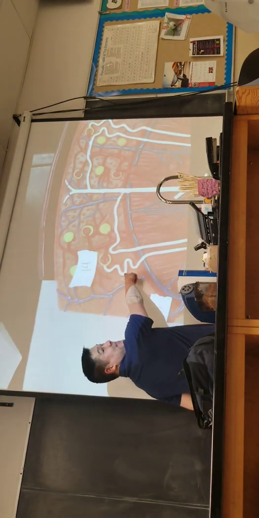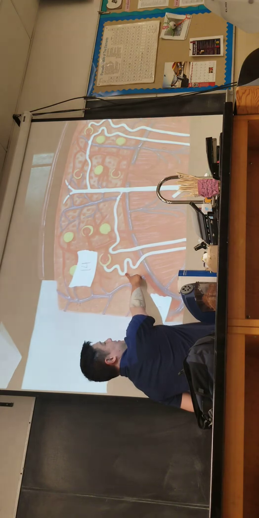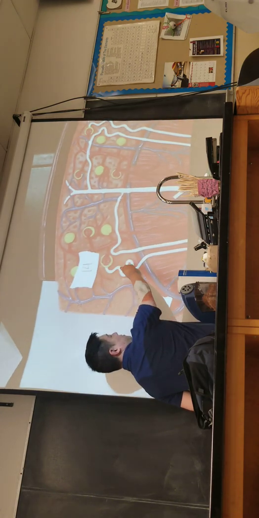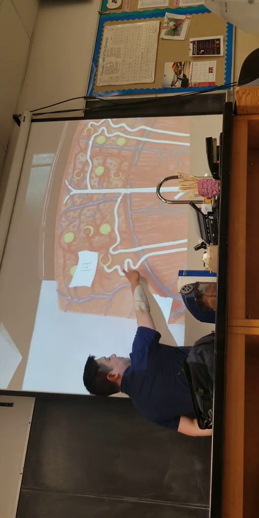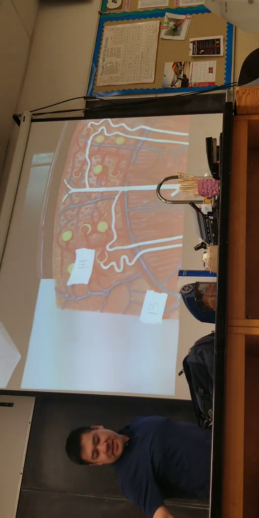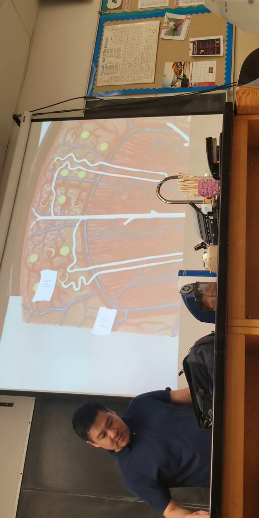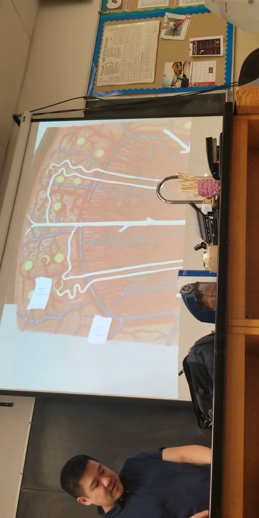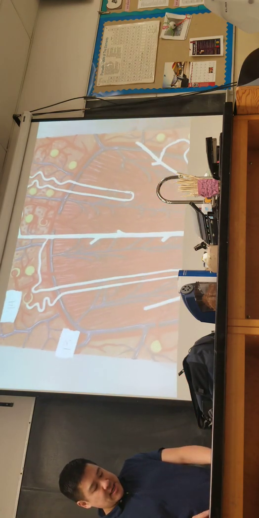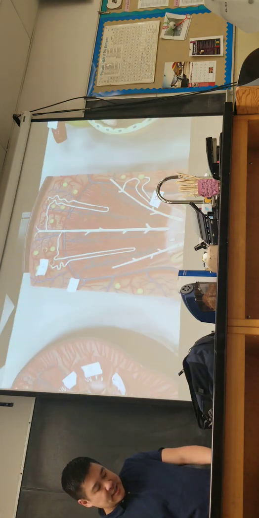This tube is called the afferent arteriole, then the proximal convoluted tubule, which goes to the nephron loop, which goes up to the distal convoluted tubule, and then the collecting ducts.